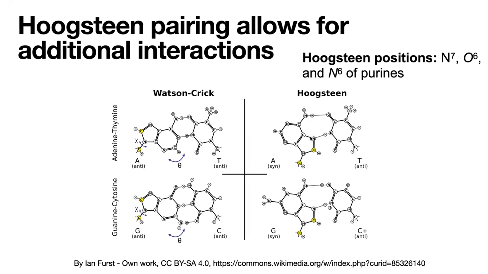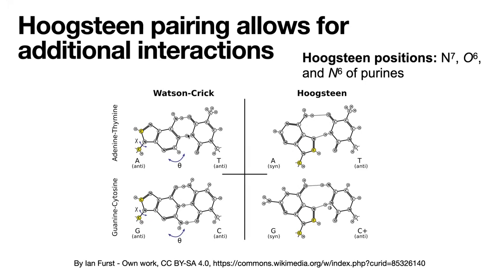So we have this nitrogen in this ring, and then also still that same nitrogen that was contributing as a donor before is still contributing, but now instead of looking at this face, we're looking at this face, because we flipped this from an anti form to a syn form.